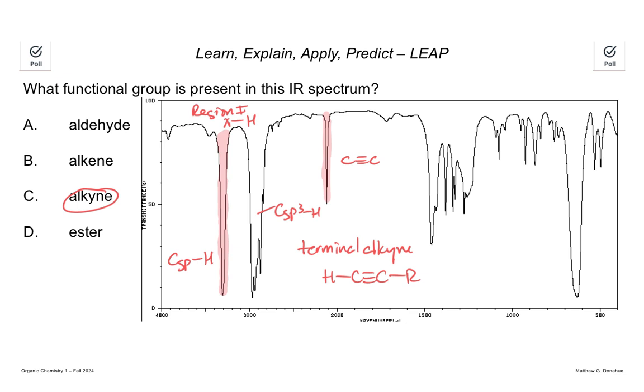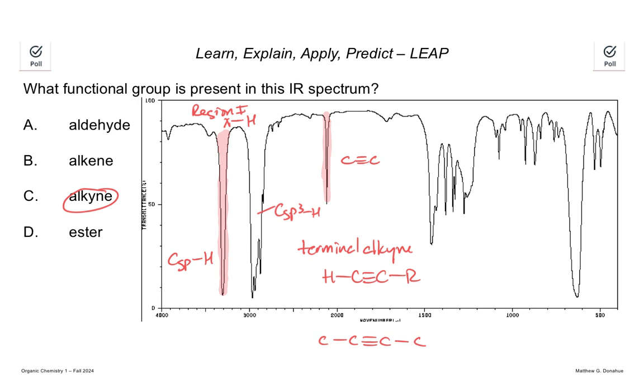If the alkyne was internal, you would have carbon triple bond to carbon. That ends up being sort of symmetric in a way, and so what it's going to do is decrease the intensity of this stretch, where it moves more up towards the baseline and you don't really see it.